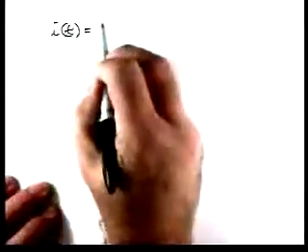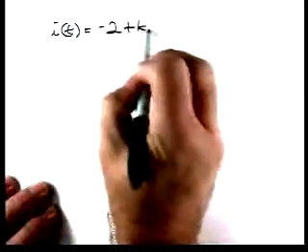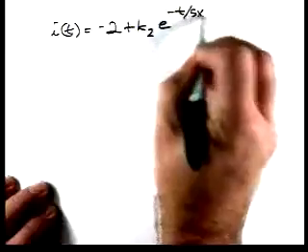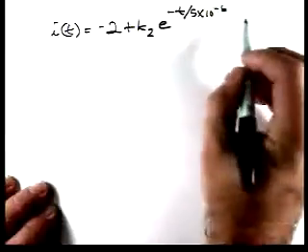Now, we're still not quite home. We know that i(t) is minus 2 plus k2 e to the minus t divided by 5 times 10 to the minus 6 milliamps.